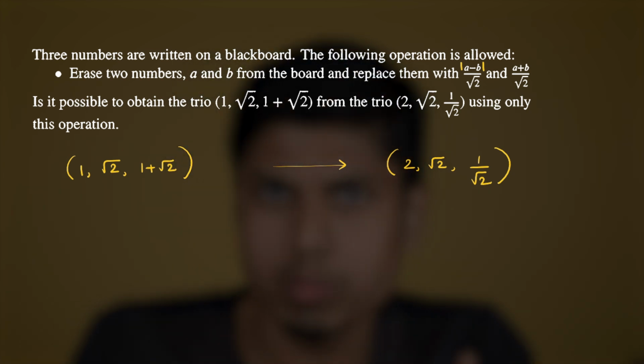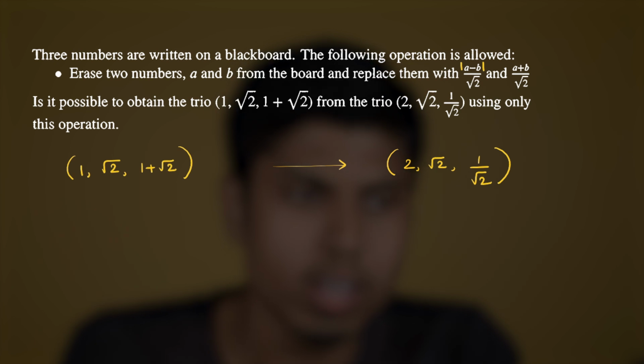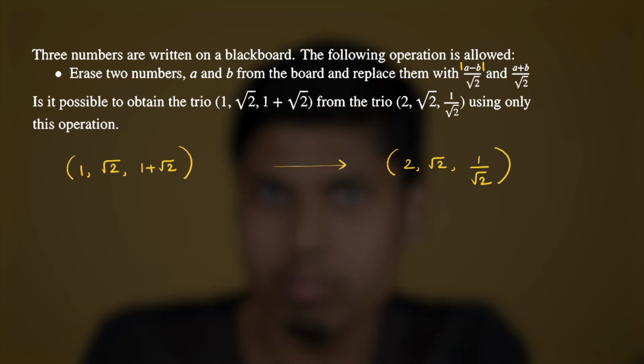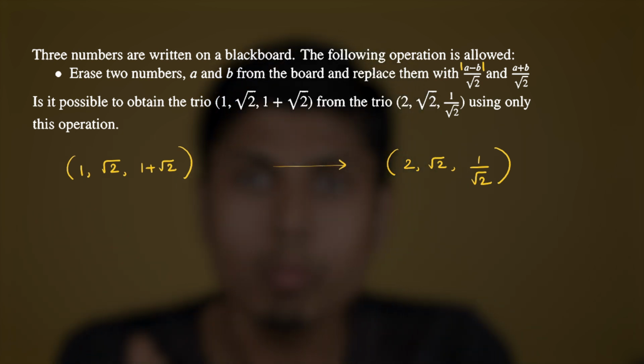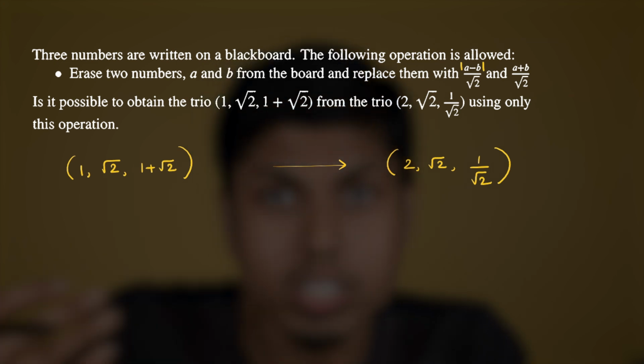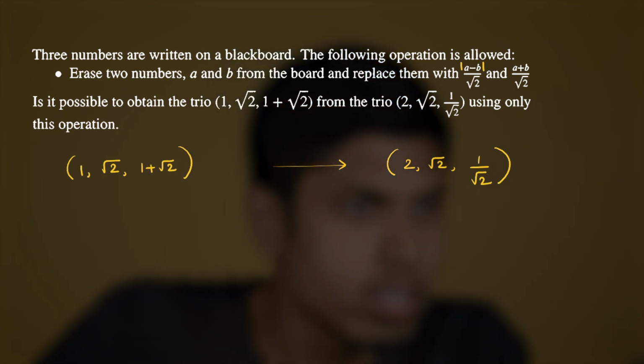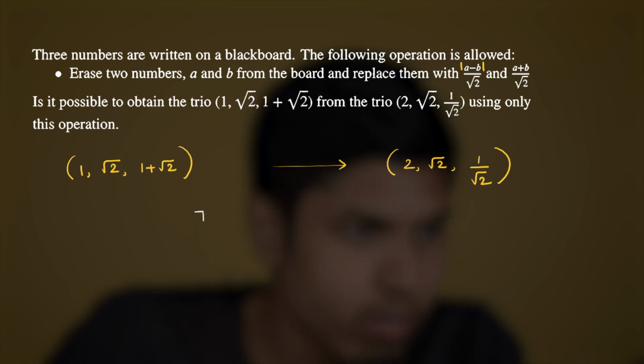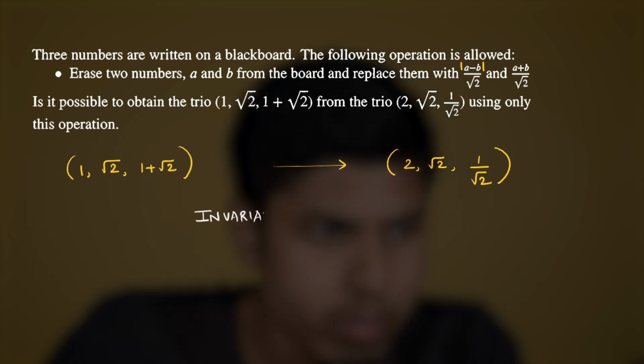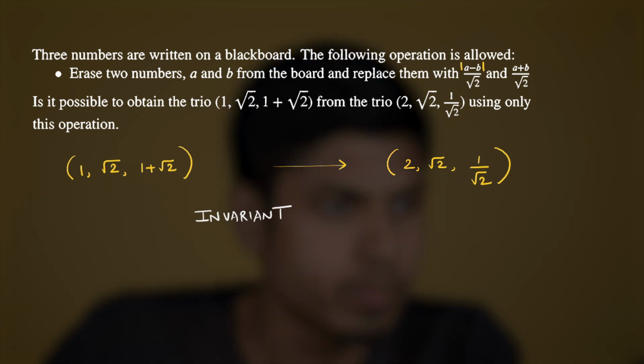Usually for these types of questions, there will be an invariant throughout the process. And if you are able to determine that invariant, possibly you can comment about the feasibility of reaching a sequence starting with some initial sequence. So determining the invariant might be a crucial step for these kinds of problems.